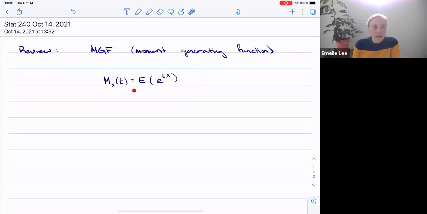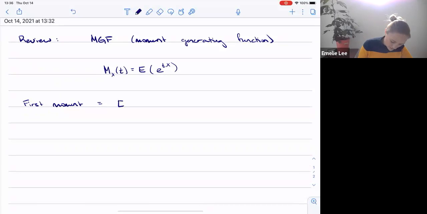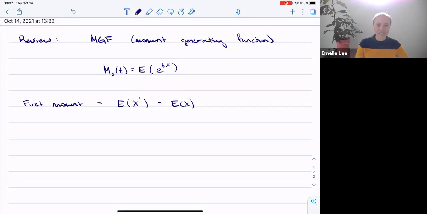It was assuming that it couldn't be diverging, right? And so I'll leave that from last day, but for now, this is what we want to focus on, the moment generating function. We also said that the first moment is the expected value of x to the power of 1, which is just the expected value of x.